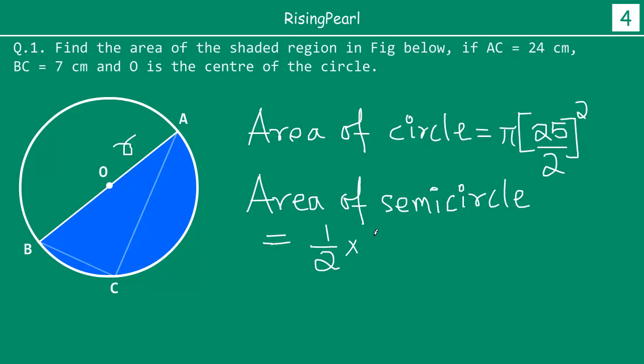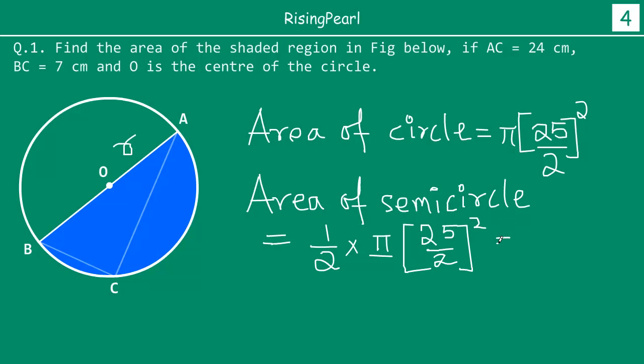So this times pi r square, where r is 25 by 2 whole square, and yeah, that's it, pi r square. So this times half times this.